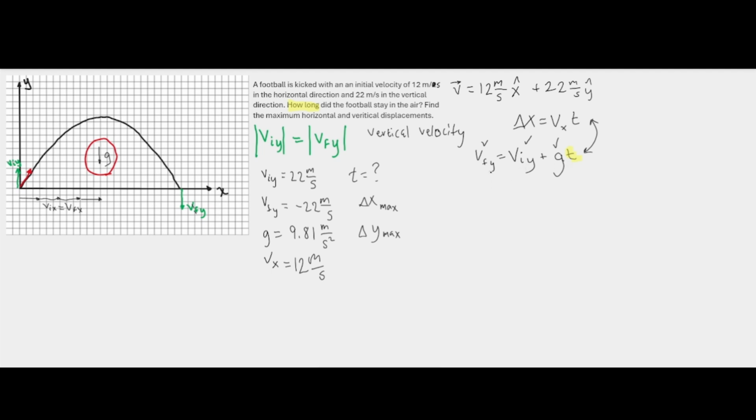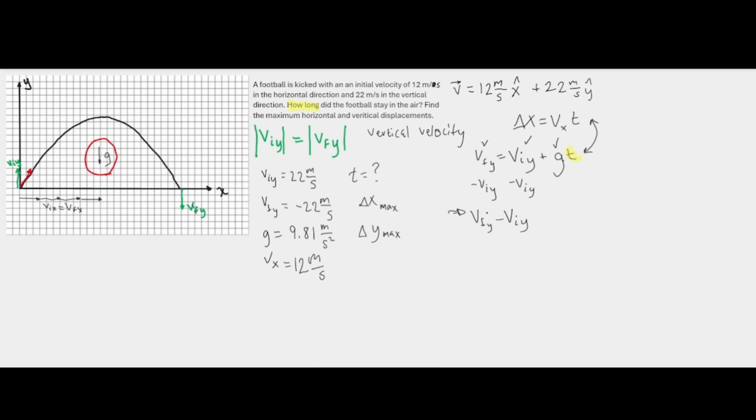What would I do first to solve for t? Well, I would subtract this VIY from both sides, minus VIY. And I have now v final y minus v initial y. That's another way of writing delta v.